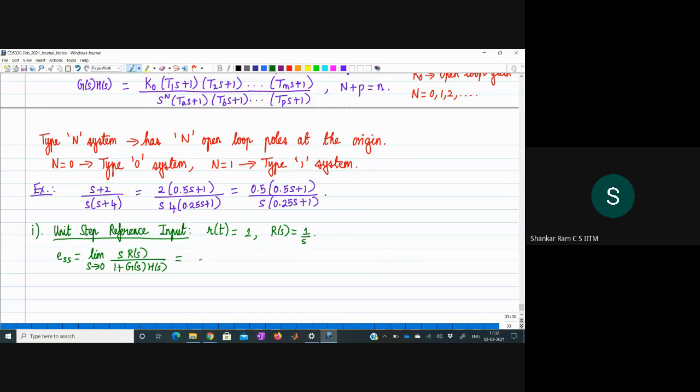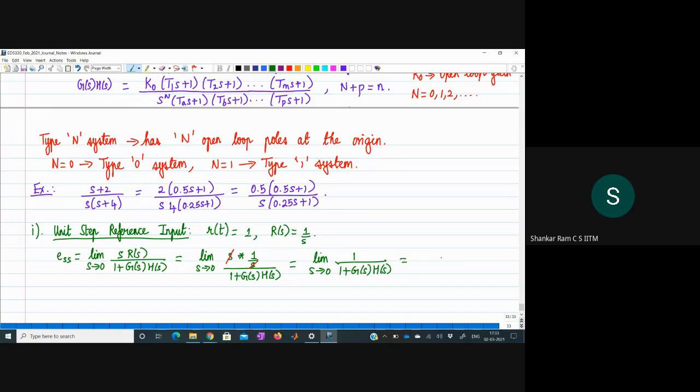That is equal to limit s tending to 0, s times 1 by s, divided by 1 plus g of s h of s. Once these cancel out, we will have limit s tending to 0, 1 divided by 1 plus g of s h of s.